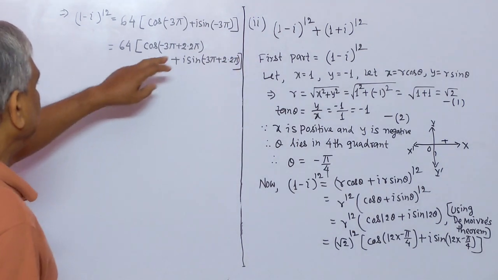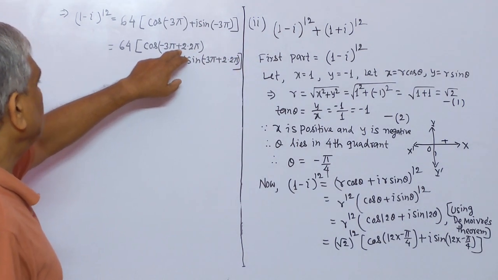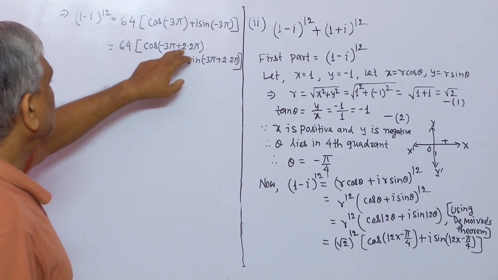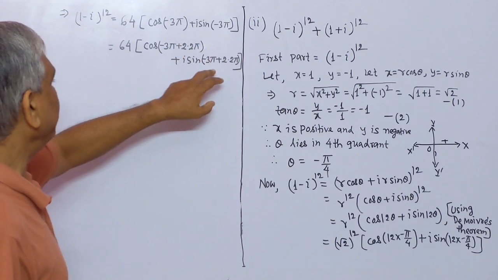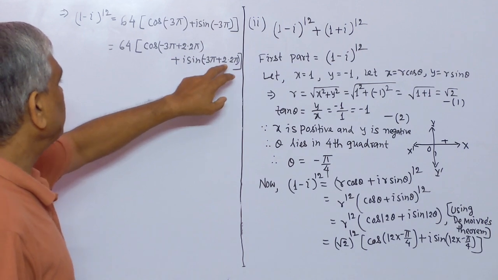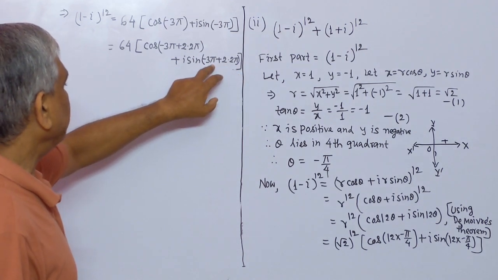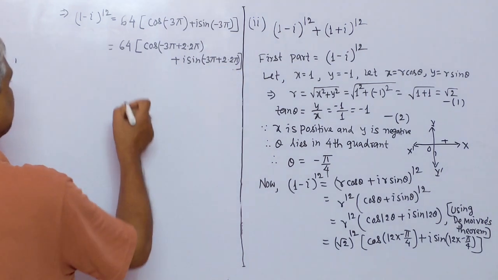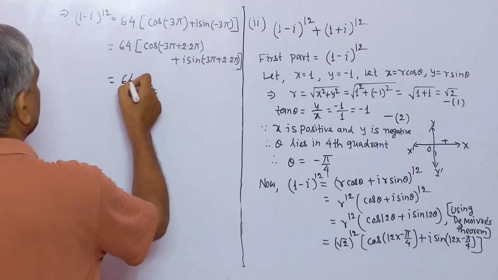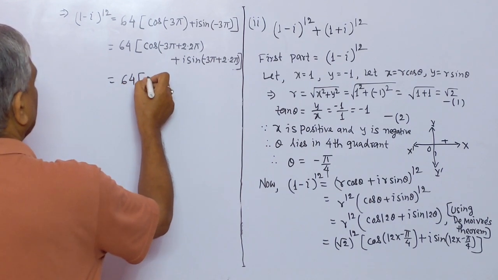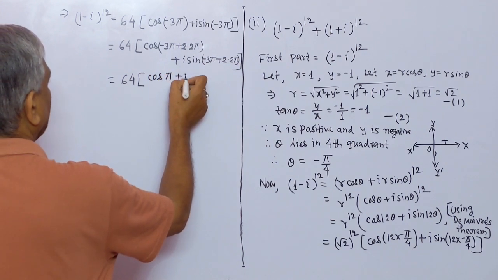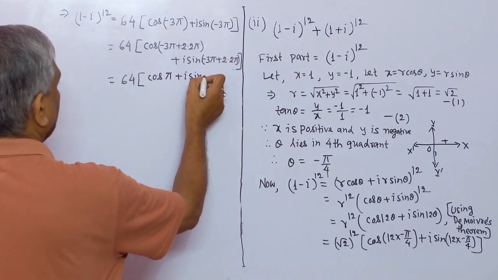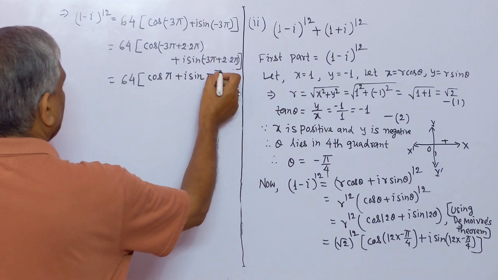The result will be same because we know cos(2k pi plus theta) equal to cos theta. Similarly, sin(2k pi plus theta) equal to sin theta. And this will be 64 (cos pi plus i sin pi).